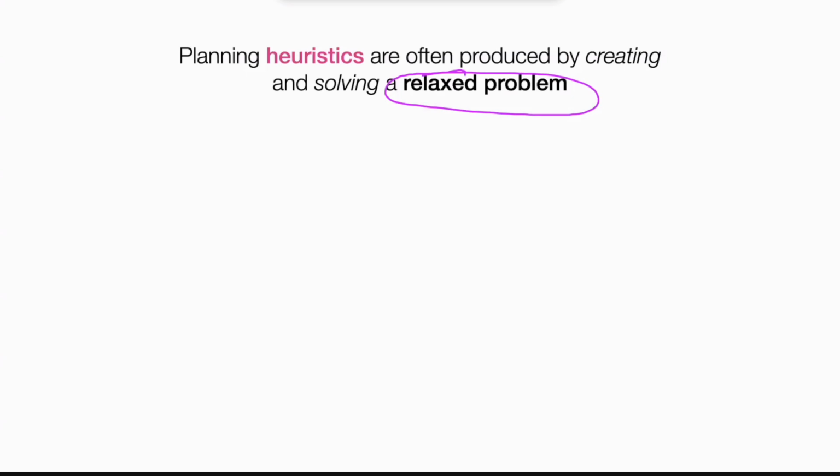This is what is known as a relaxed problem. A relaxed problem is a problem that is easier than the original problem. The process of relaxation is typically a manual or an automatic one that makes the problem easier. So we made the navigation problem easier by ignoring the map and just looking at the difference in coordinates. That was a relaxed problem.